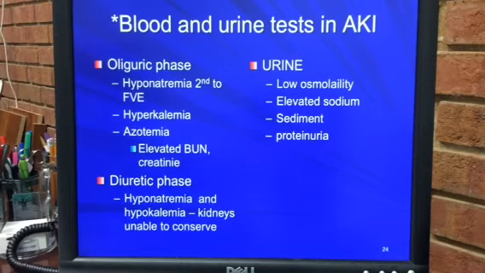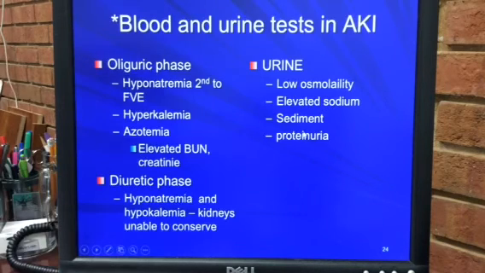Now the urine will be low osmolality, elevated sodium. That's because the body's broken, the kidneys are broken, low osmolality, sodium in the urine is high.